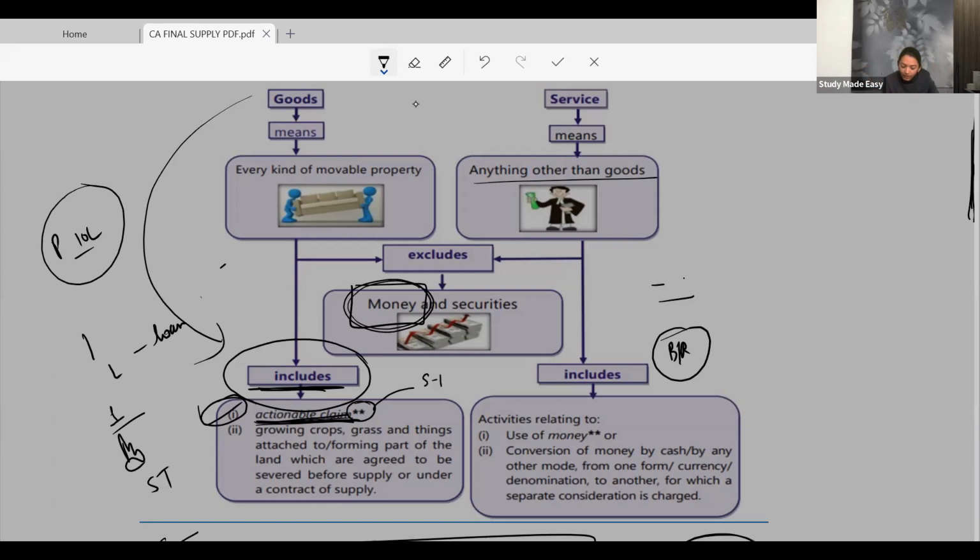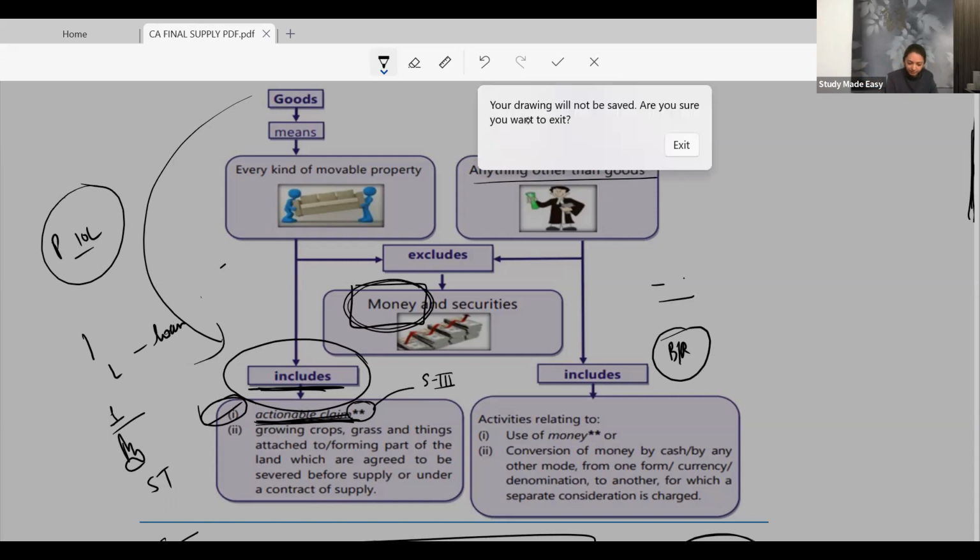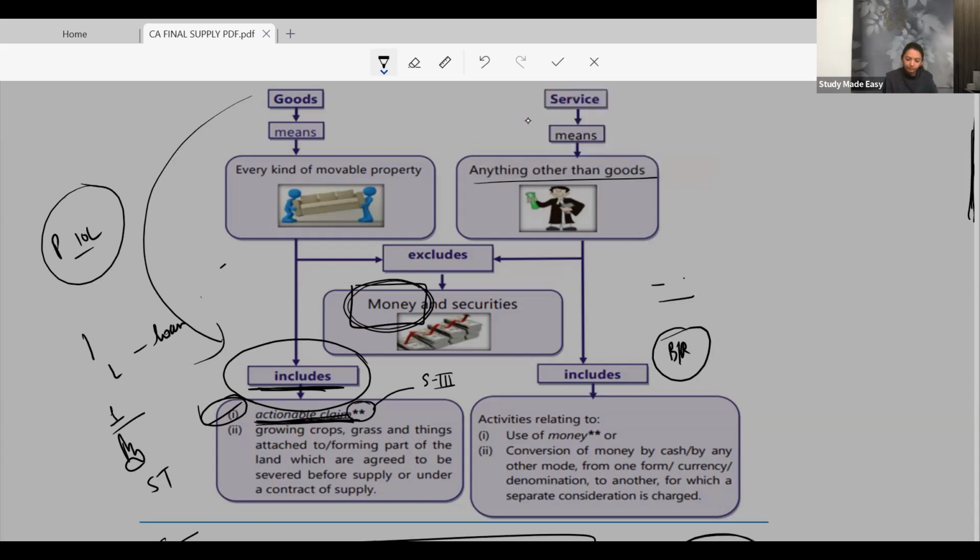Again, there is a point in schedule number 3. Now, in schedule number 3, what has been written? In your schedule number 3, they have written that actionable claims are excluded. They are neither supply of goods nor supply of service.